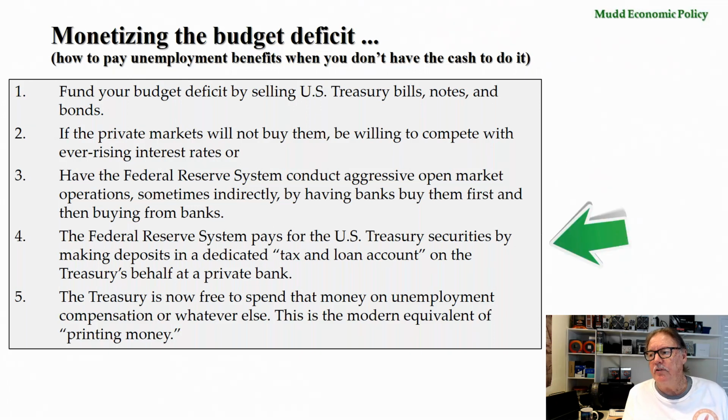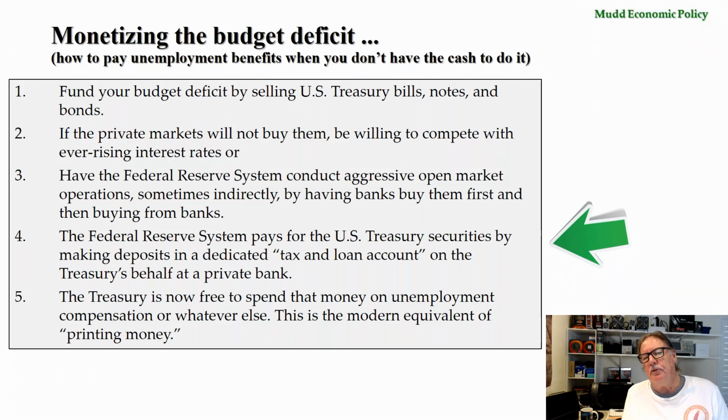The Federal Reserve System pays for the U.S. Treasury securities by making deposits in a dedicated tax and loan account on the Treasury's behalf at a private bank, and therefore, basically, by giving the bank reserves, the bank is able to fund the checkable deposit account of the United States Treasury.